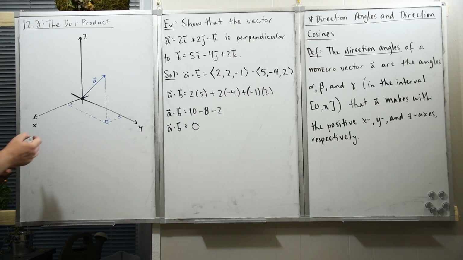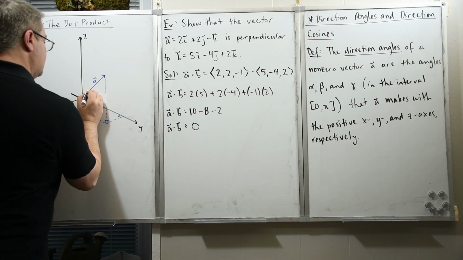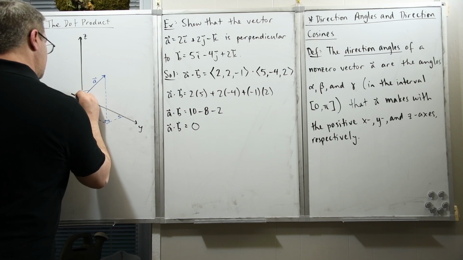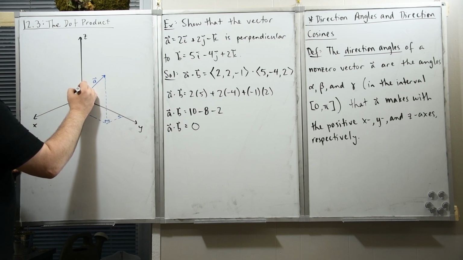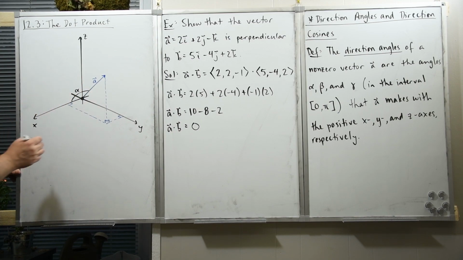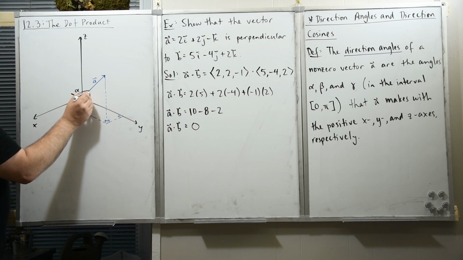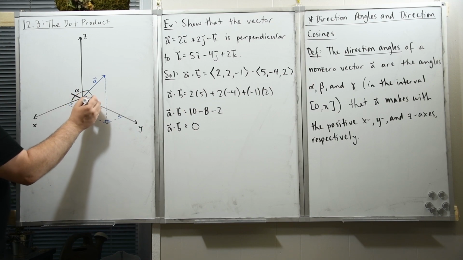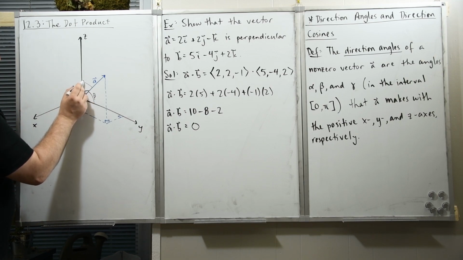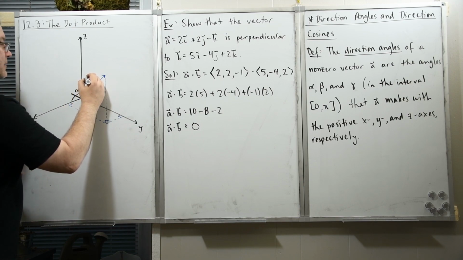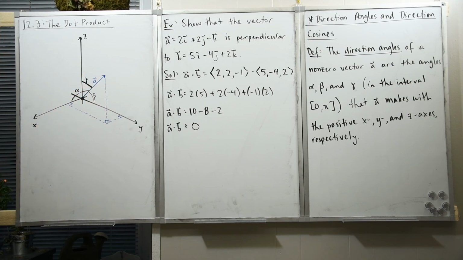Well, this vector A makes an angle with the positive x-axis, and that is our angle alpha. It makes an angle with the positive y-axis, and that's going to be our angle beta. And it also makes an angle with the positive z-axis, and that's going to be our angle gamma. Now the cosines of these direction angles are called the direction cosines of A.